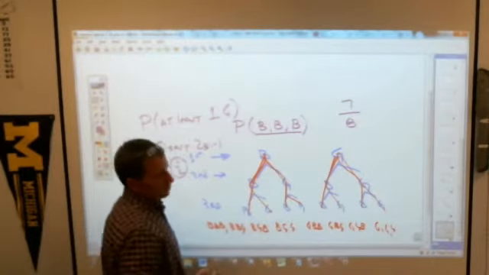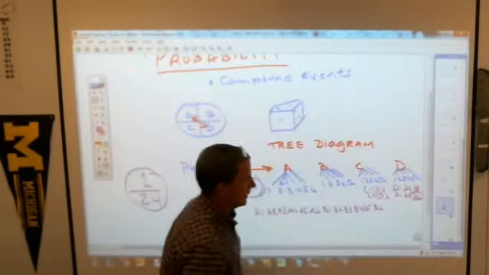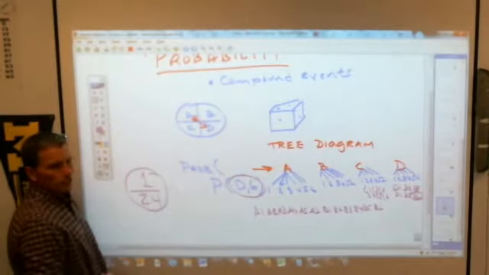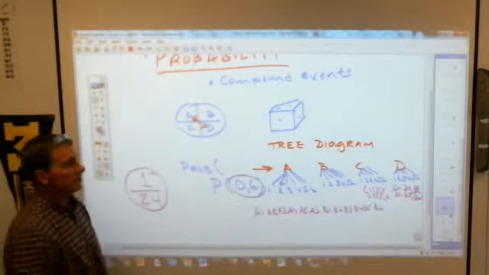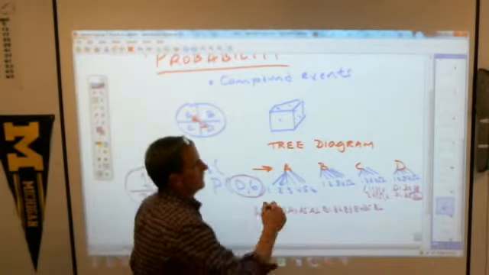Now, going back to our original one, rather than doing a tree diagram, sometimes you have to, depending on what the question is. There's an easier way to do that, and that would be this.